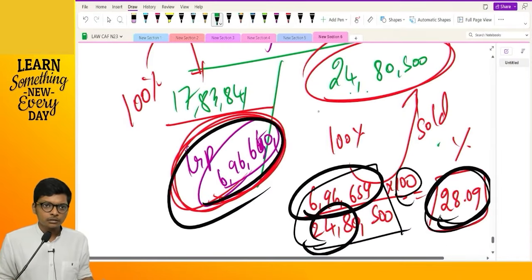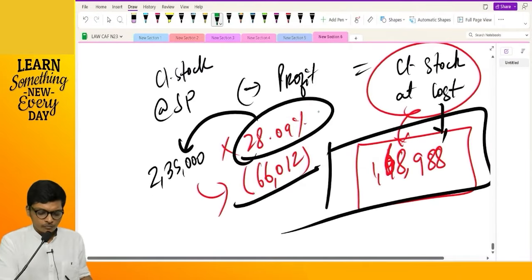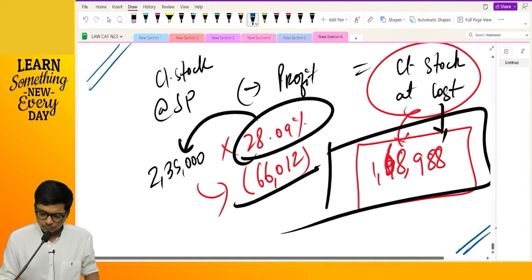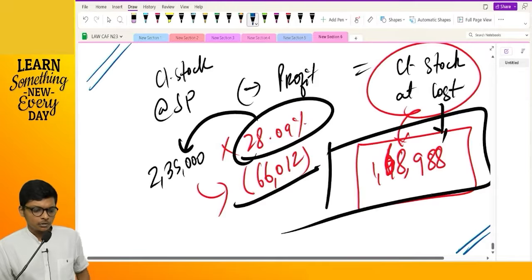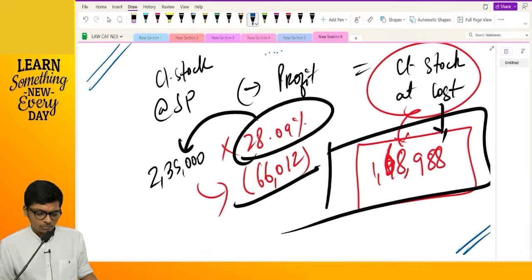Then copying this. This is the last part. Done copying, guys?